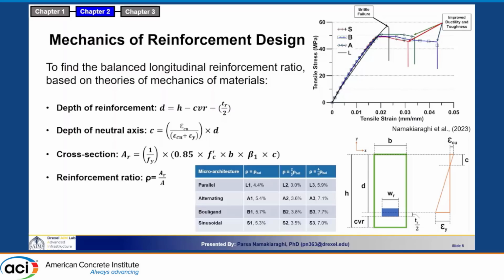And finally, based on that reinforcement ratio for a balanced case, we also studied two different reinforcement ratios in order to optimize the ratio of reinforcement based on the cross-sectional area to further work on the macro architecture. And the reason to do that was to be able to stick to a consistent reinforcement ratio for different architectures, which was very important to us.